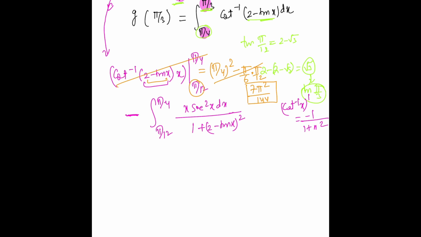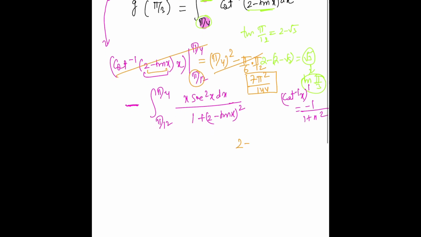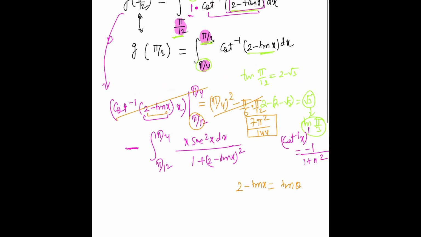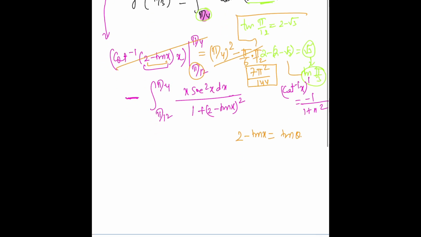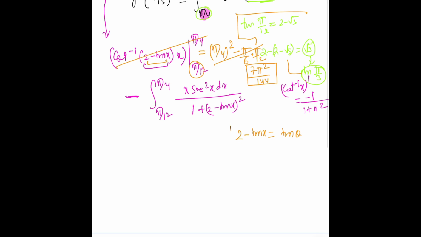Now we just need to calculate the second integral. In the second integral I can make a substitution 2 minus tan x equals, let's say, tan theta. This motivation, as I have already told you in the beginning. So with this substitution, pi by 12 gets converted to 2 minus tan of pi by 12, which means 2 minus (2 minus root 3).